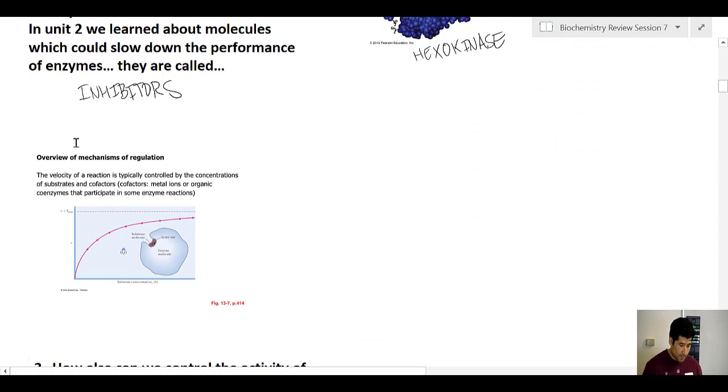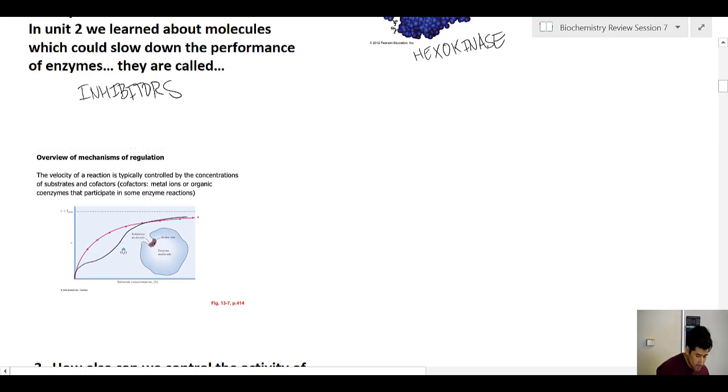All right, and so this is the overview of mechanisms of regulation. What type of graph is this? It's a hyperbolic graph. What type of enzymes display hyperbolic kinetics? Michaelis-Menten enzymes. We are no longer going to be talking about Michaelis-Menten enzymes. Now we're going to be talking about enzymes whose graphs look like this.